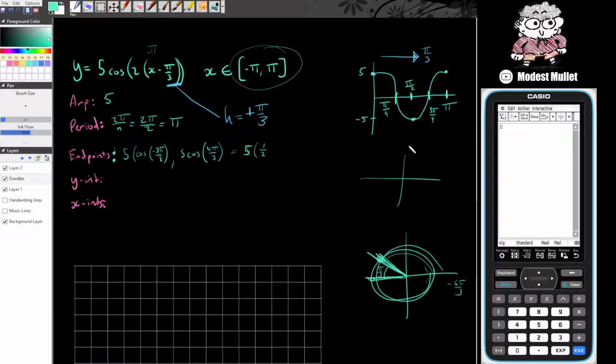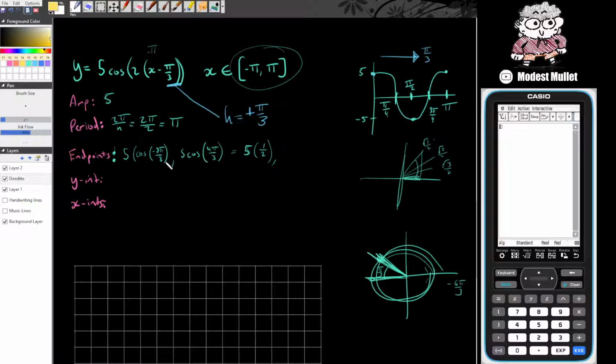Let me just draw in the first quadrant to make sure I'm getting this right. Pi on 6, pi on 4, pi on 3 is up there. It has the smallest horizontal component out of those three. Root 3 on 2, root 2 on 2, which is just half. Yes, it is half. Okay, so that's that one.